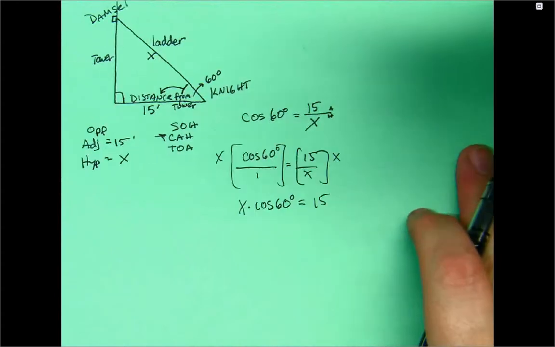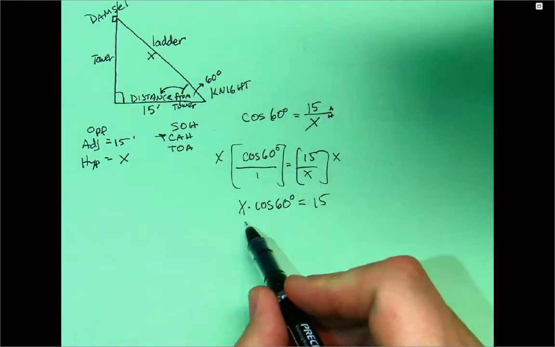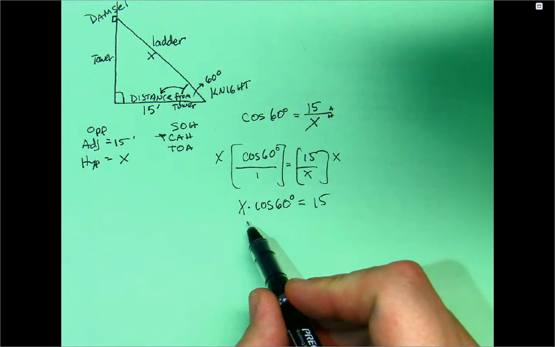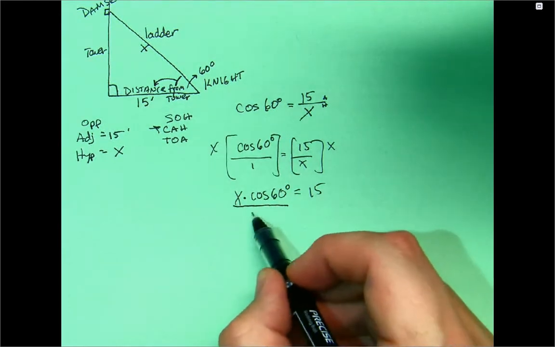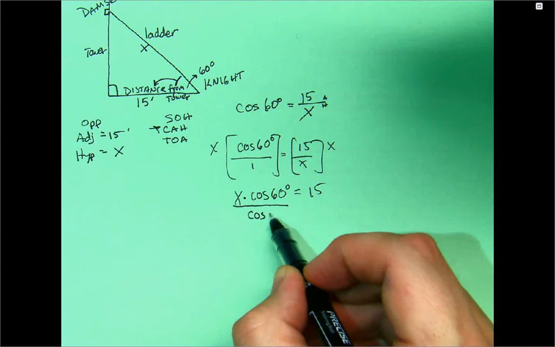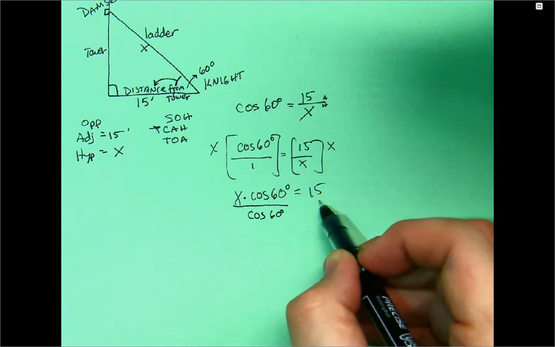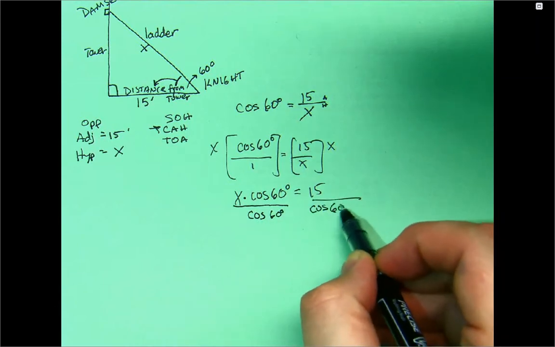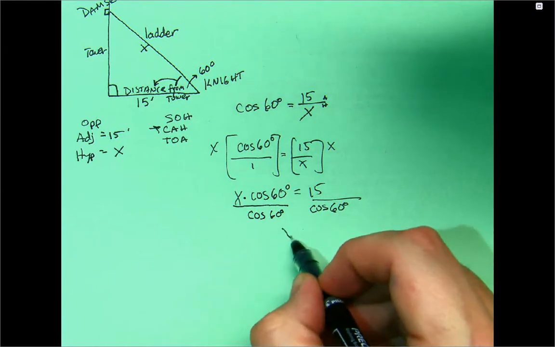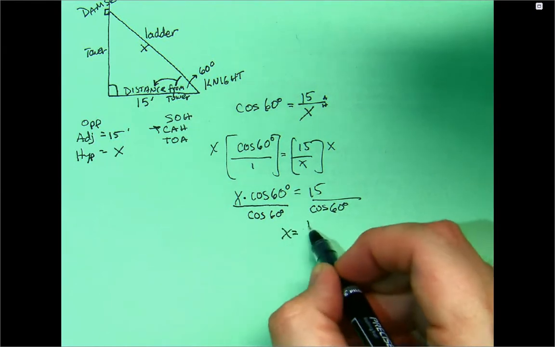And now how do I still need to solve for x? So x is going to be equal to 15 over the cosine of 60 degrees.